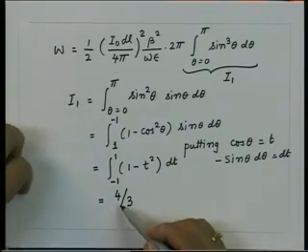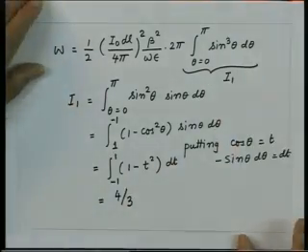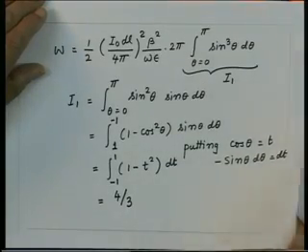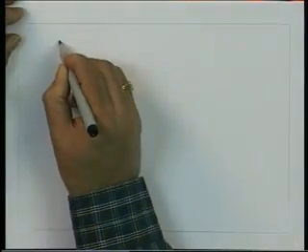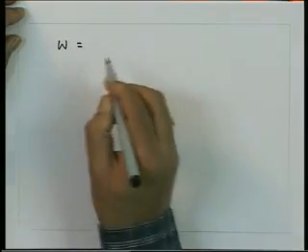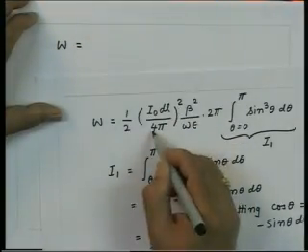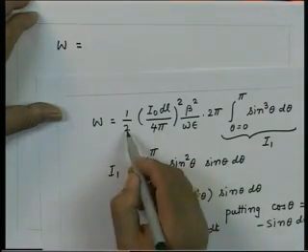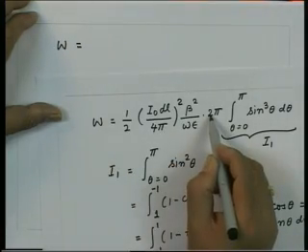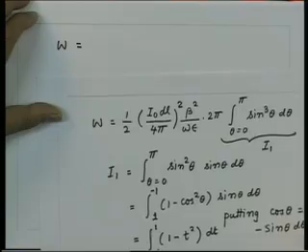So, I can substitute now for the integral value into this expression, and then I get the total power radiated by the Hertz dipole W, that will be equal to, this will give me 16 pi square times 2. So, 32 which cancels with this 2. So, I will get a 16.